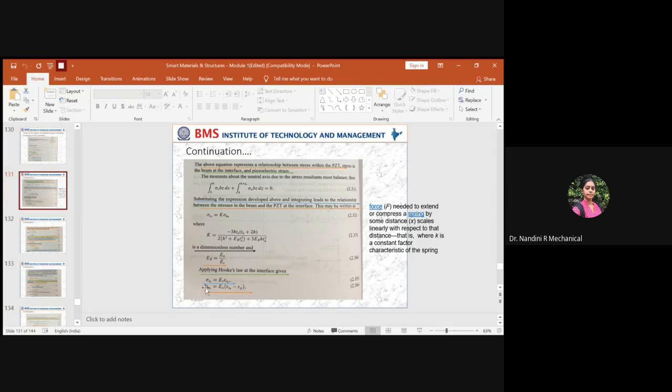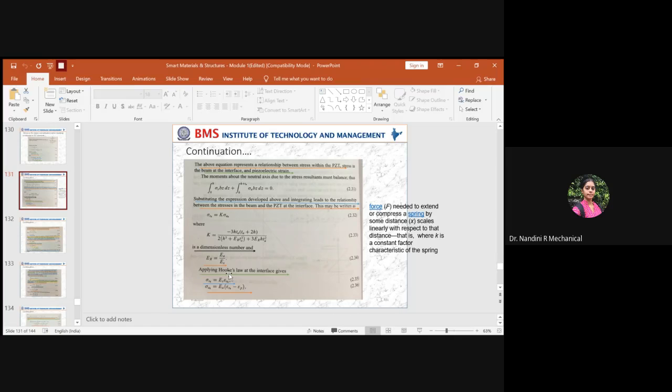Similarly, for the stress generated across the actuator, you have to subtract the strain of the structure from the free strain. This we have studied already. Here EA will be nothing but our elastic modulus. Both these equations are derived based on Hooke's law.